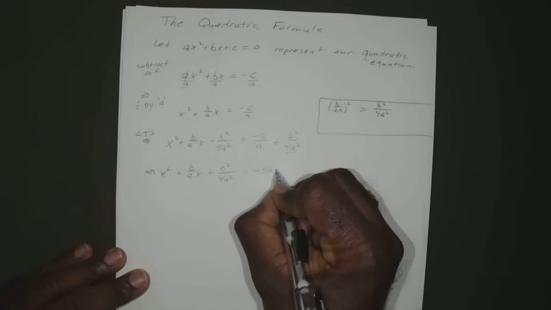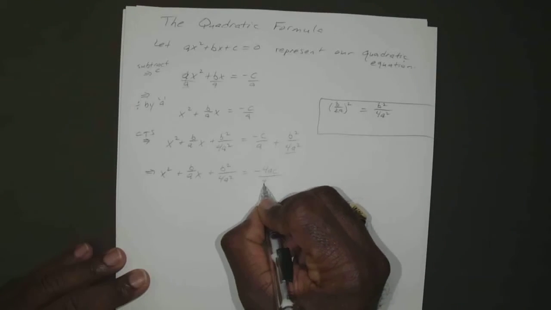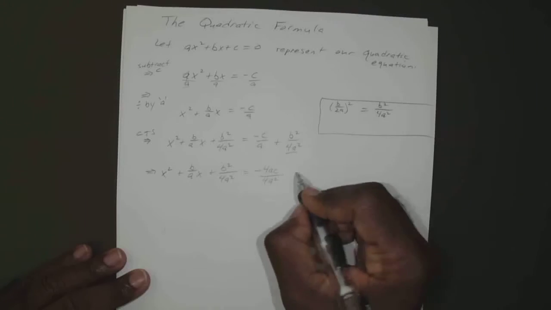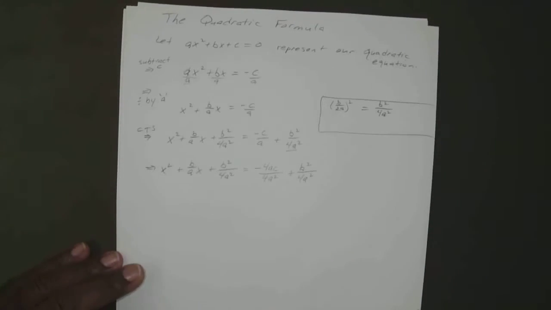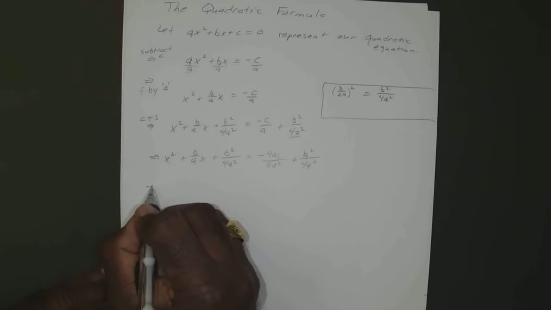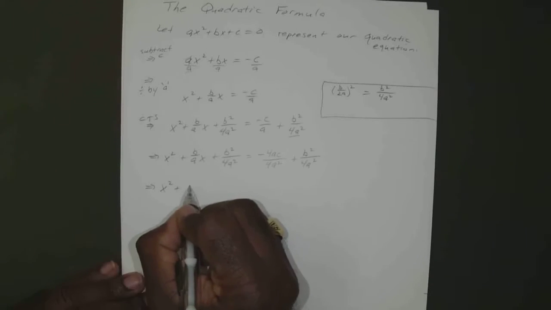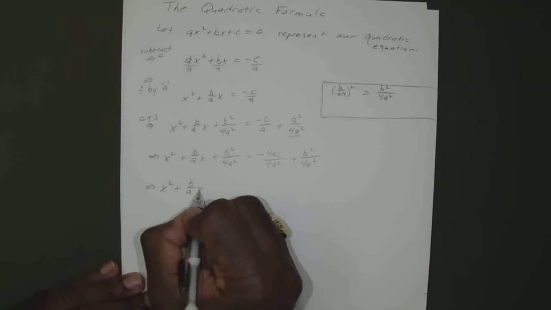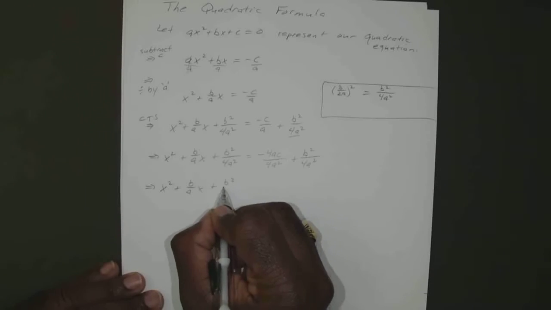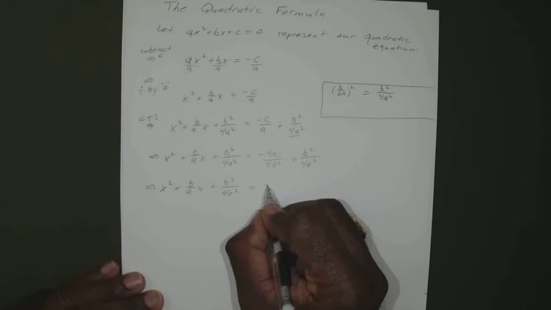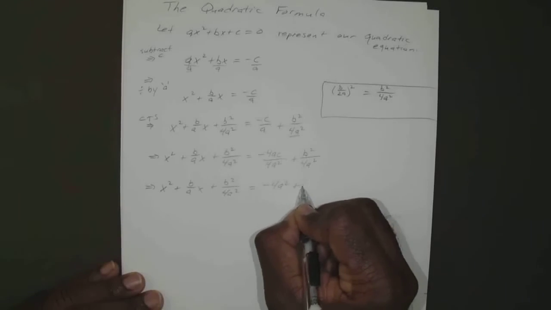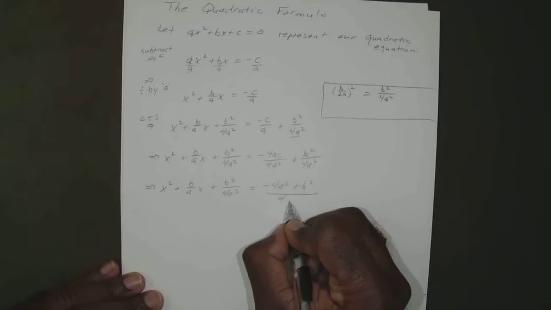So minus 4ac over 4a squared plus b squared over 4a squared. And if we want to, we can just combine those two and make them one fraction: x squared plus b over a x plus b squared over 4a squared equals negative 4ac plus b squared all over 4a squared.